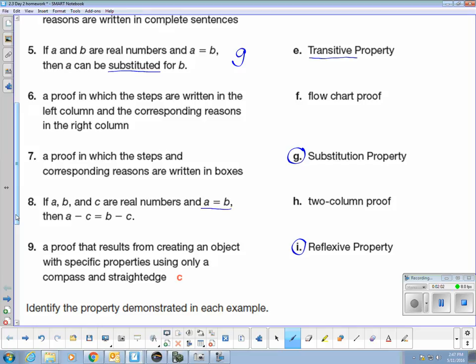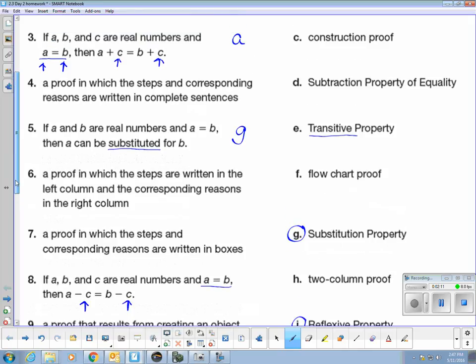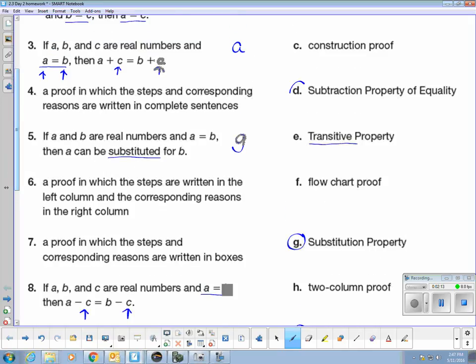If I begin with the equation A equals B, and I subtract C from the left side, and I subtract C from the right side, and I do that equally, then that's the subtraction property of equality.